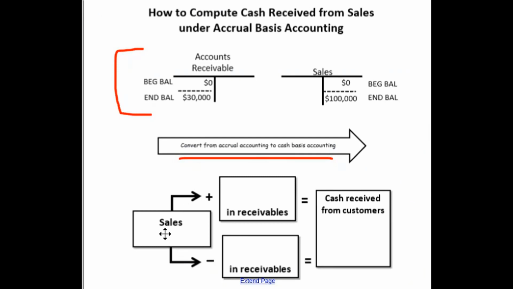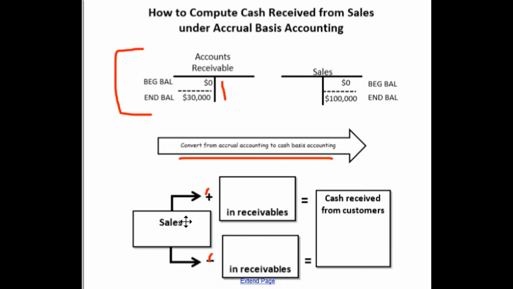I'm going to take my sales and either add to or subtract from those sales based upon the increase or decrease in my accounts receivable. In this case, we had an increase of $30,000. Based upon whether it's an increase or decrease in receivables, you can see these notations right here. Basically, I'm going to add or subtract that amount from sales, and that's how I'm going to get my cash received from customers.